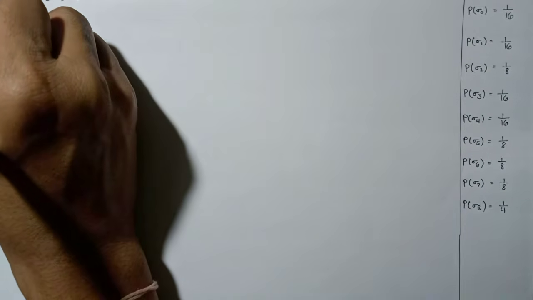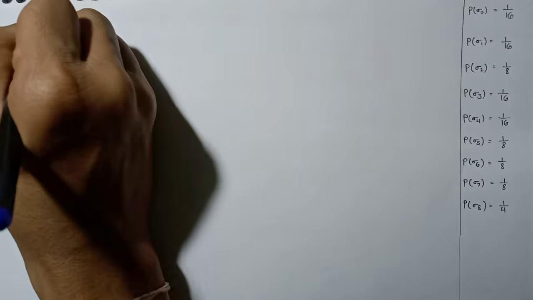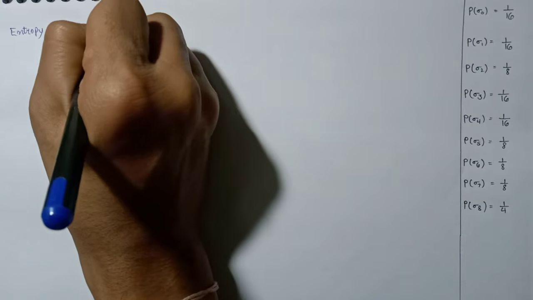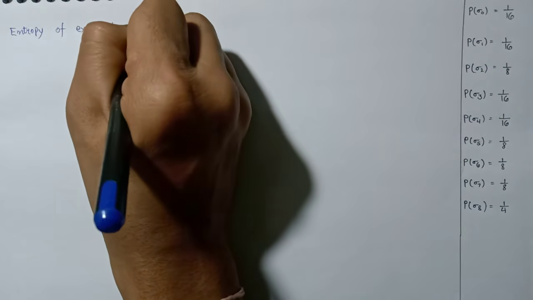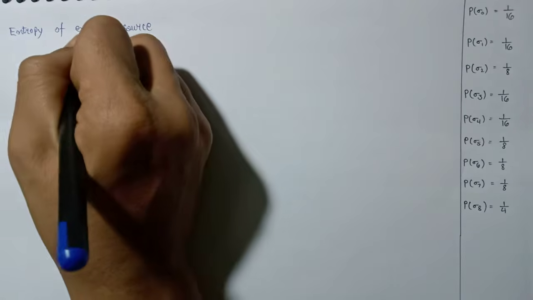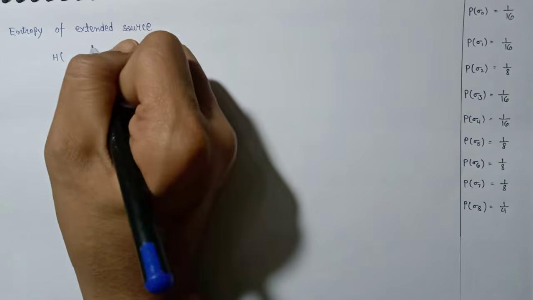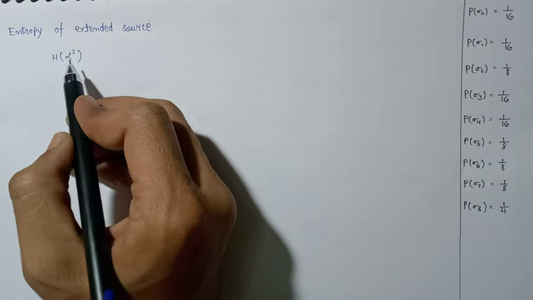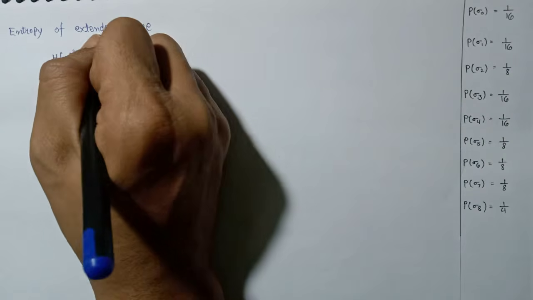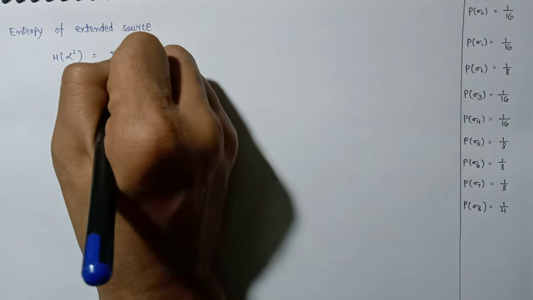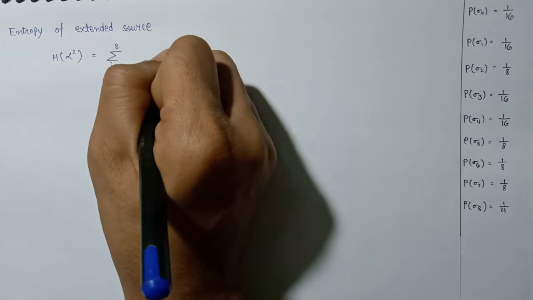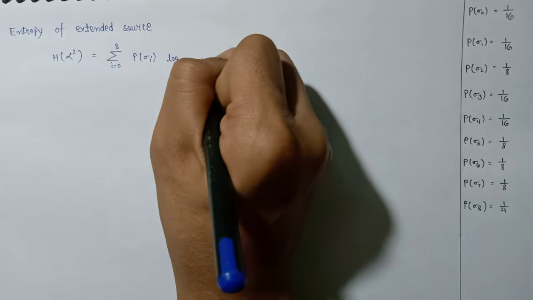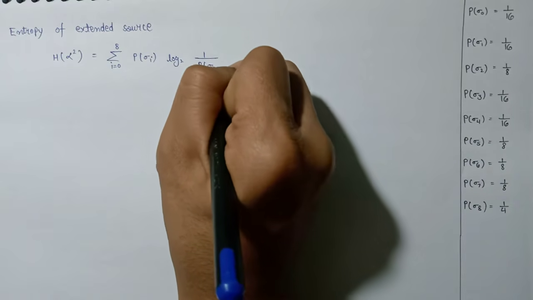The entropy of the extended source can be given as, since we are talking about the second order extension, that's why we can denote it as H of alpha to the power 2, where 2 represents the order of extension, and its value is summation i ranges from 0 to 8 P of sigma i log base 2 1 over P of sigma i.